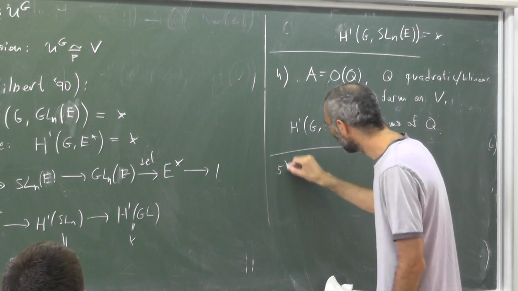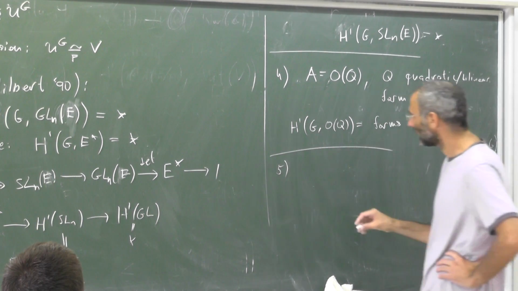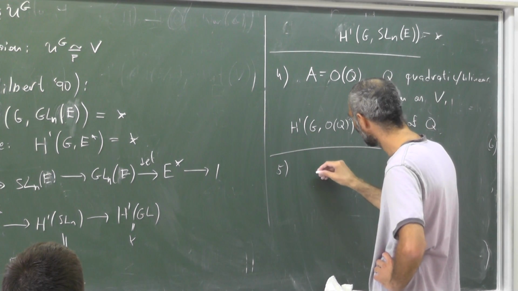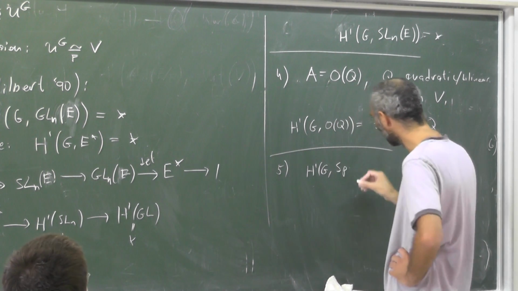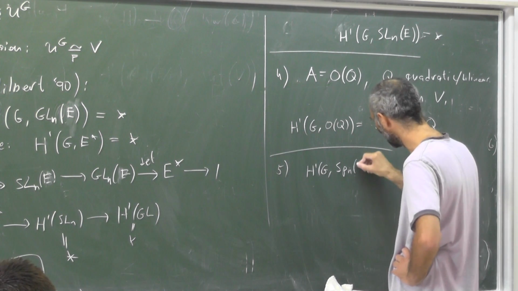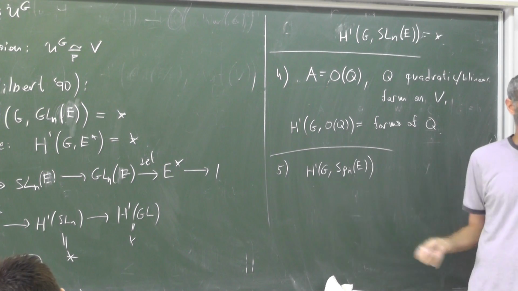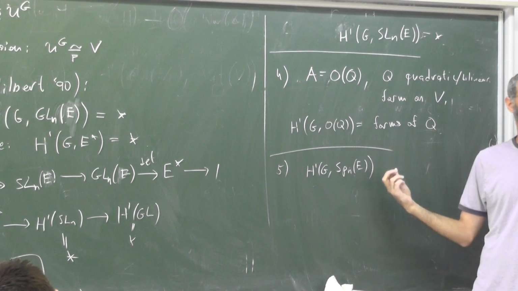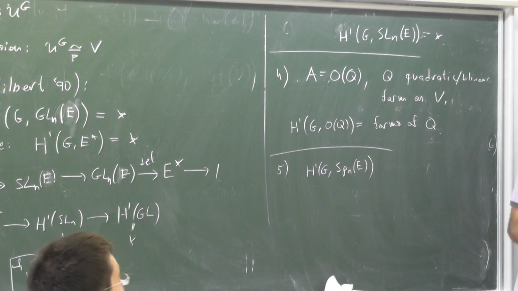And now a specific case I will take: take H1 of G, and take the symplectic group Sp(2n). So take E to the 2n and put on it the natural, non-degenerate, antisymmetric form, and this is a standard theorem in linear algebra that I hope you know.